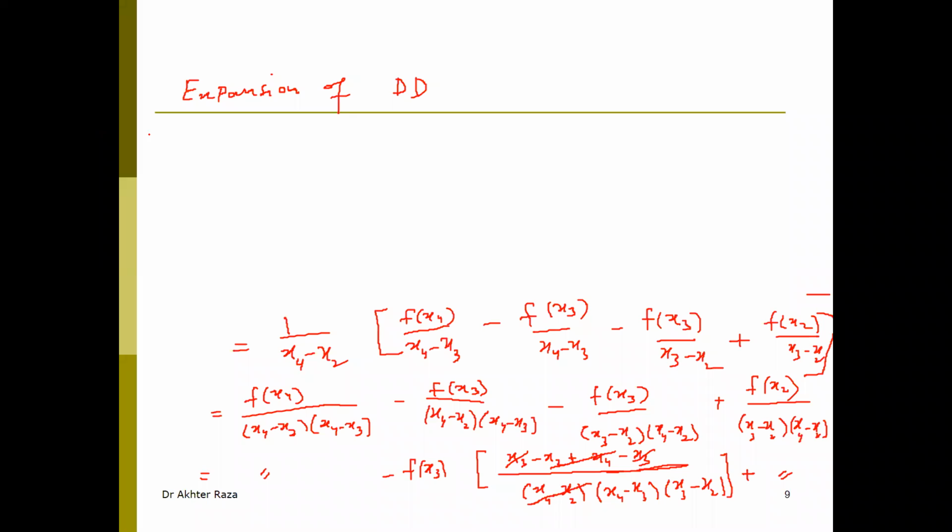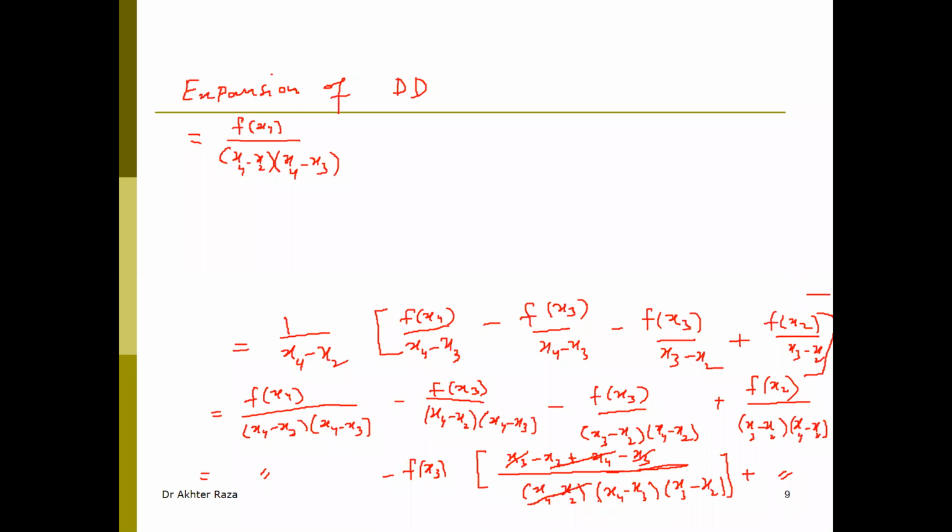This is equal to, first term f(x4) divided by x4 minus x2, x4 minus x3. Then we have a negative sign here.